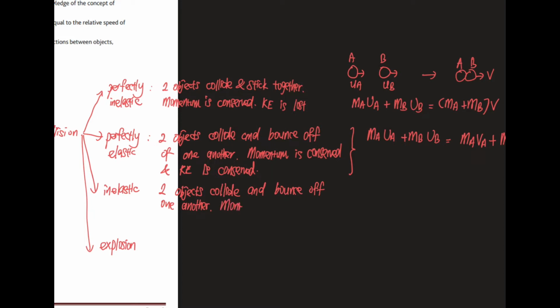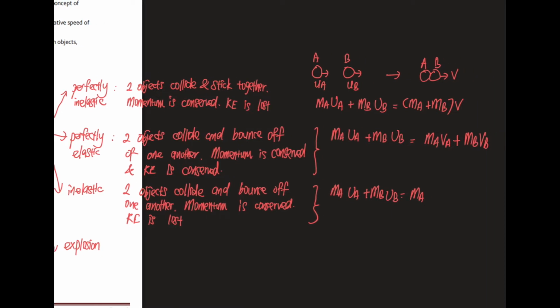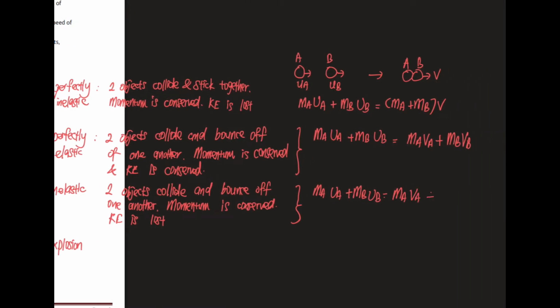Again, momentum is conserved, kinetic energy is lost. So for the principle of conservation of momentum, again we can use MAUA plus MBUB equal to MAVA plus MBVB.